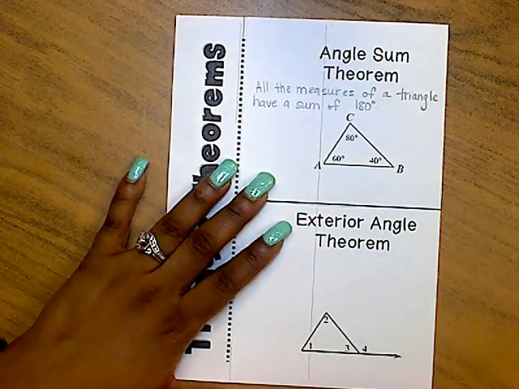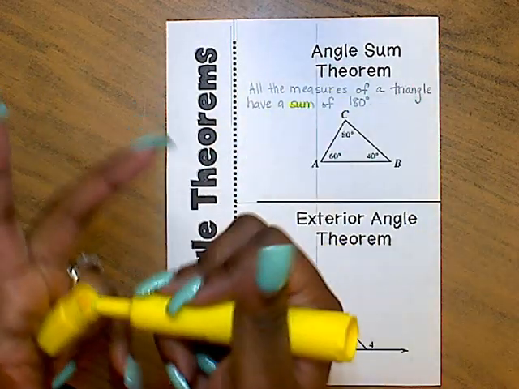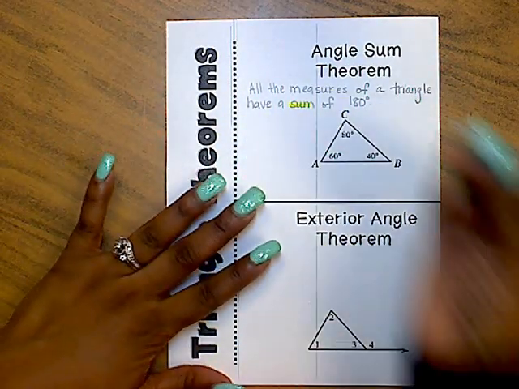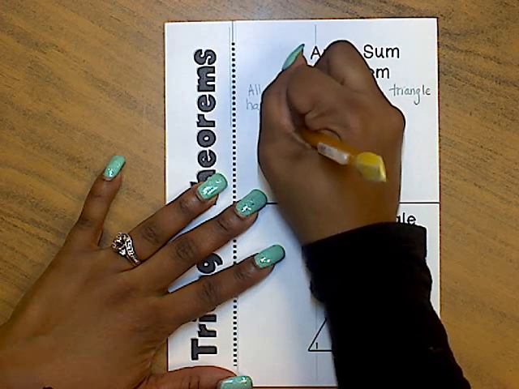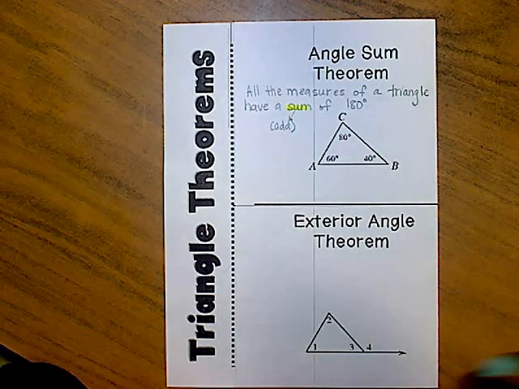And again, important word, sum. We know that the word sum means just to what? To add. So when we add all the angles in the triangle, it's going to equal 180 degrees.